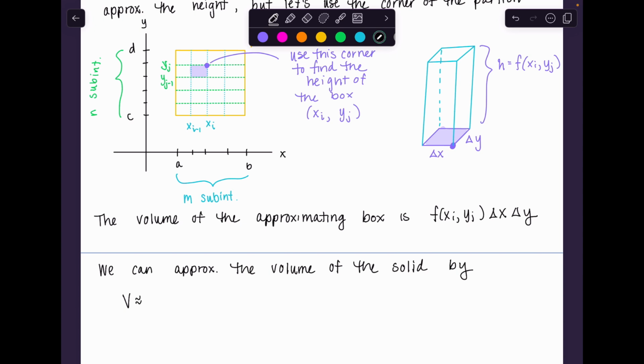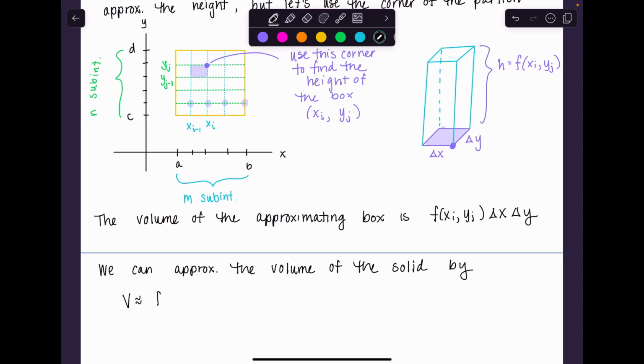So we've got it approximately. Starting with this first row, my y is staying fixed. It's my first y value, so y1. And this would be x1, x2, x3, and then I keep going up to xm because there are m subintervals. And my y is staying fixed for all of these.